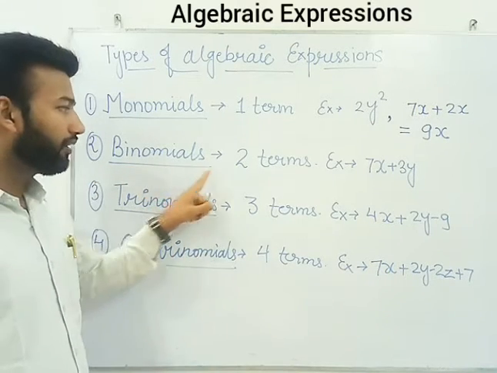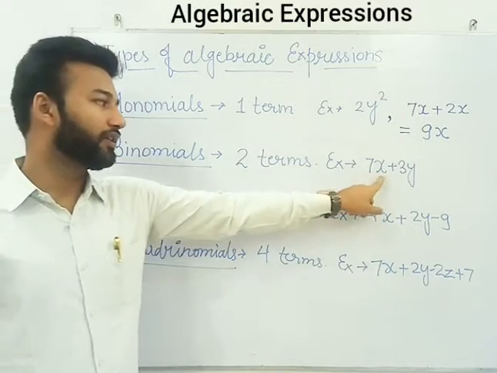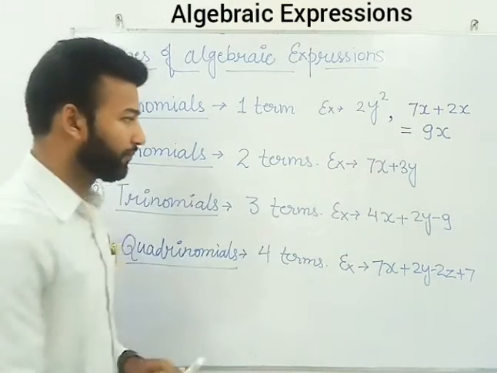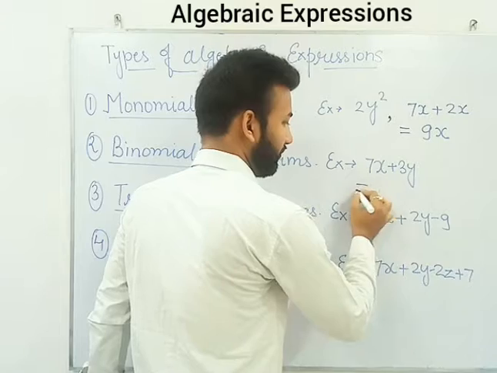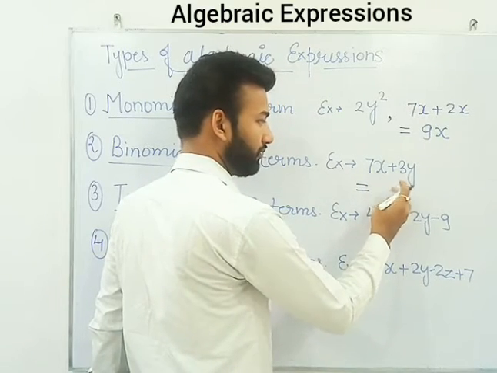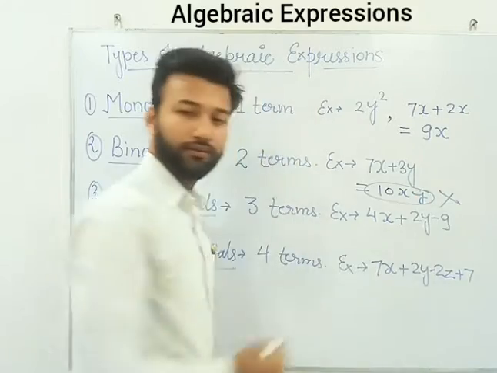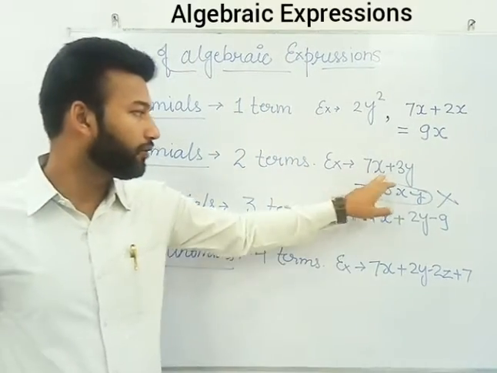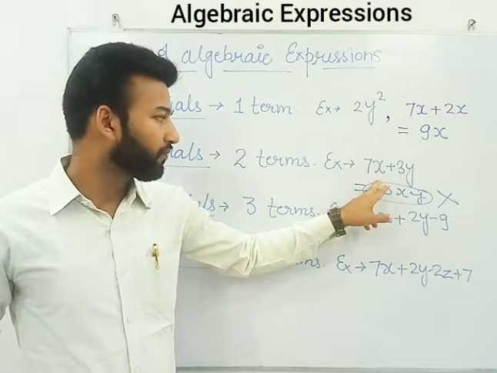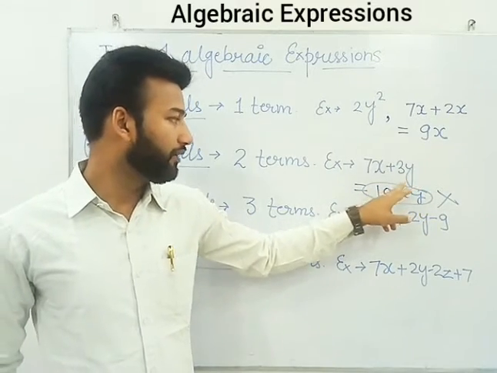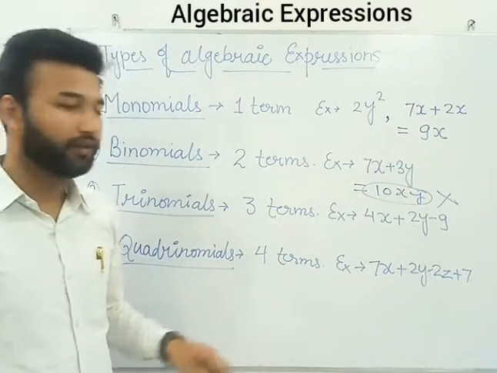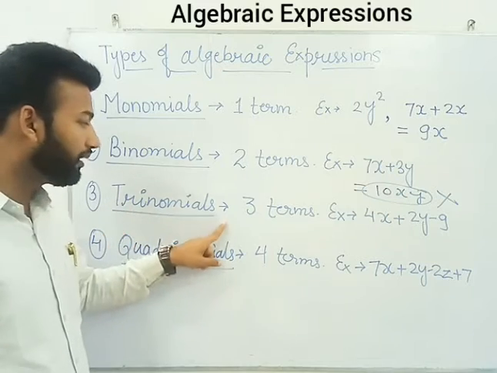Now binomial, having two unlike terms. Example: 7x plus 3y. Here you can't add them. Why? Because adding 7 and 3 to get 10xy is wrong. We can't add them because they are both unlike. That's why they have two terms, 7x and 3y. Next, trinomial.